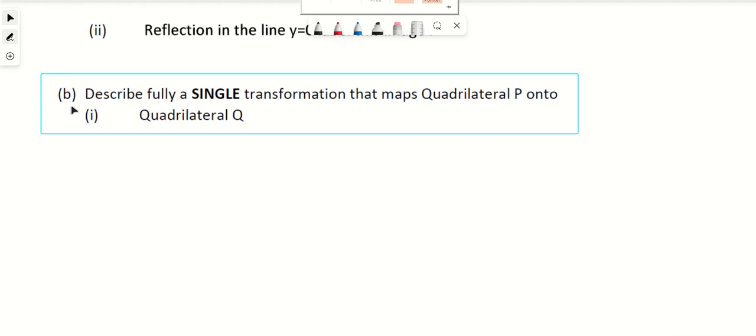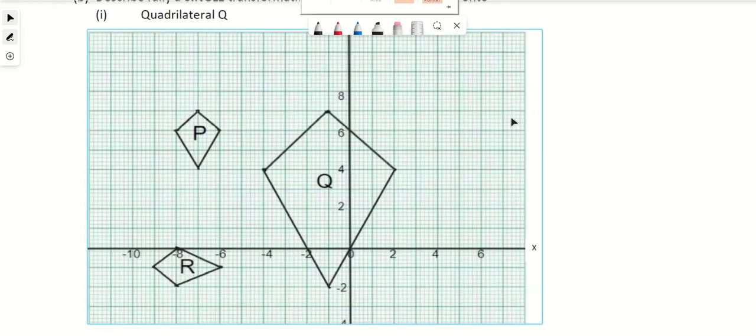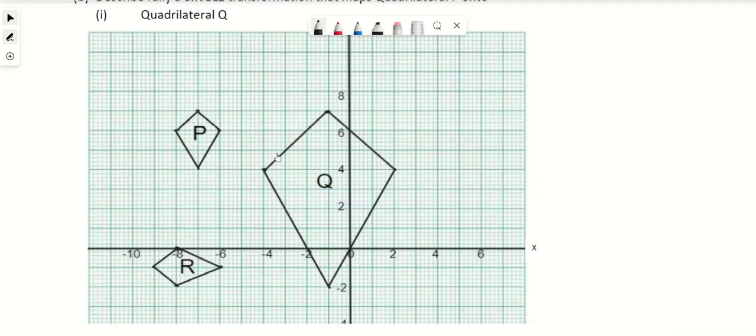Now we're going to look at part B. Describe fully a single transformation that maps quadrilateral P onto quadrilateral Q. So if we compare quadrilateral P with quadrilateral Q, we can see that Q is actually bigger than P. So it is safe to say that this transformation is known as an enlargement.